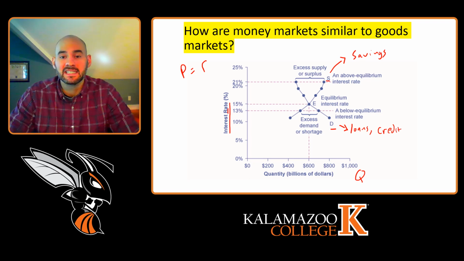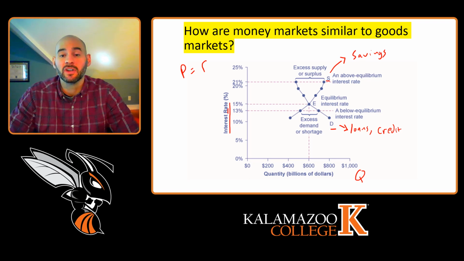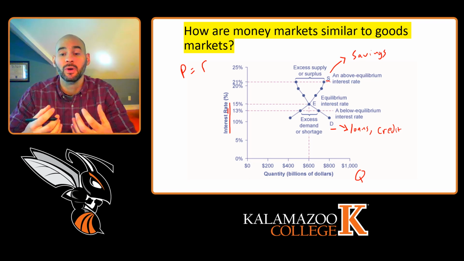So we face the same equilibrating forces that we see in labor markets and private goods markets, where if the interest rate is too high, then there's going to be too much quantity supplied of money and not enough quantity demanded. There's going to be more people willing to save and fewer people demanding any sort of loan.